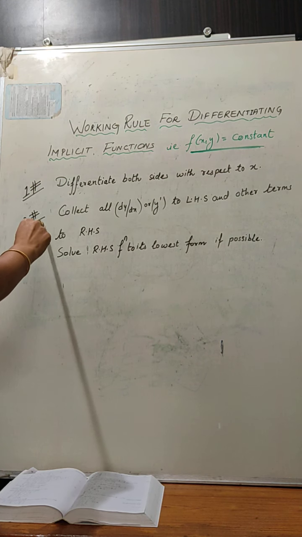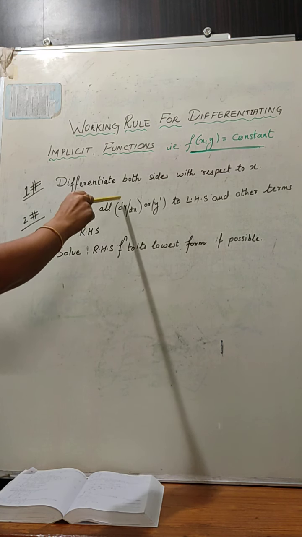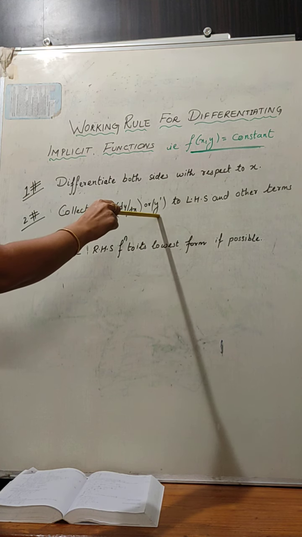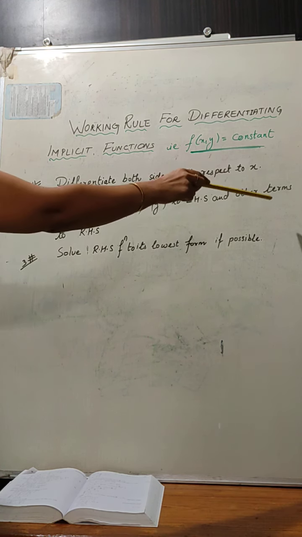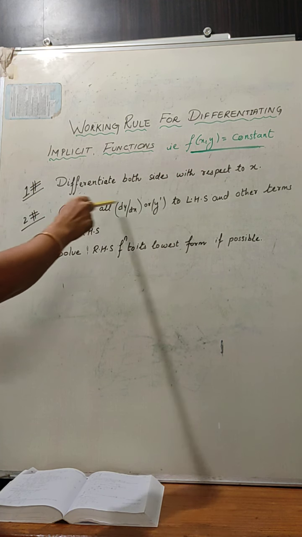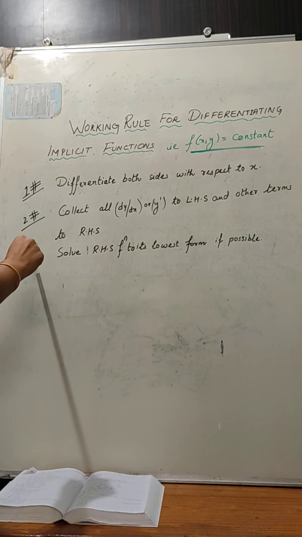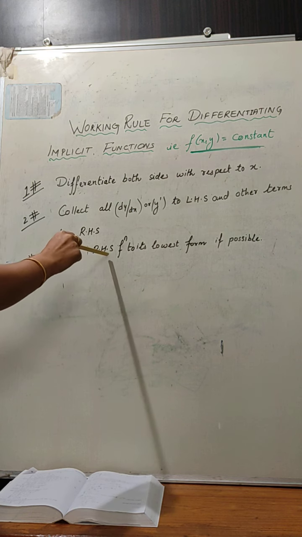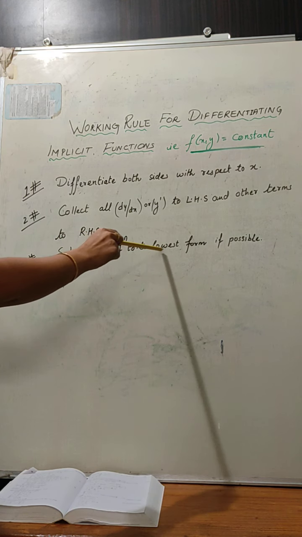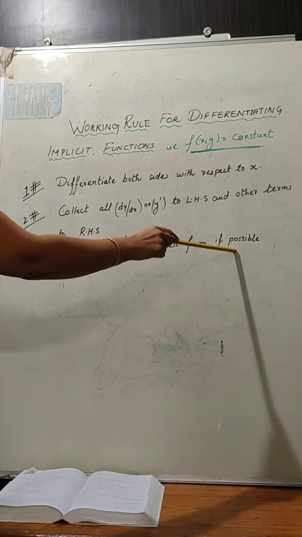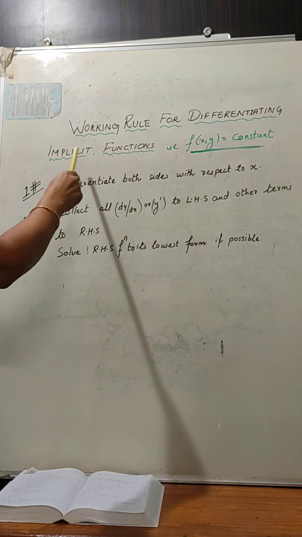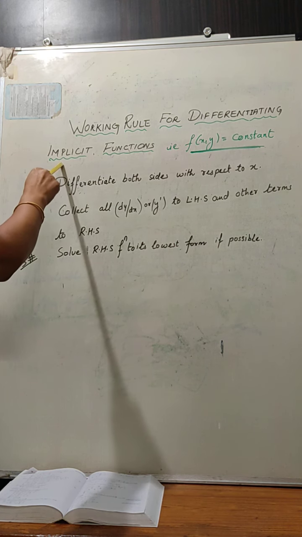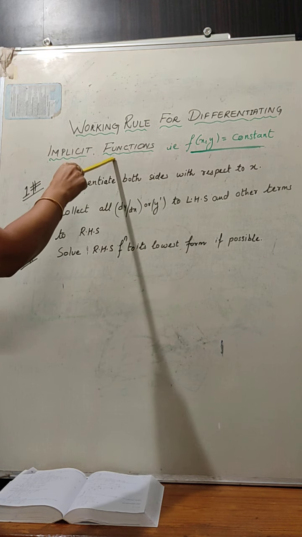The second is to collect all dy by dx, or y dash, on the left hand side and the other terms free from y dash on the right hand side. The third is to simplify the right hand side function to its lowest form if possible. So students, we will be solving some questions related to implicit functions.